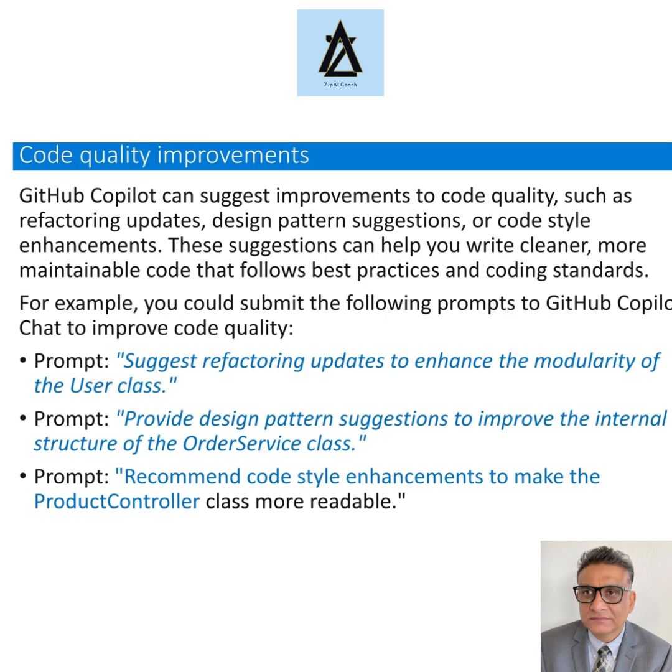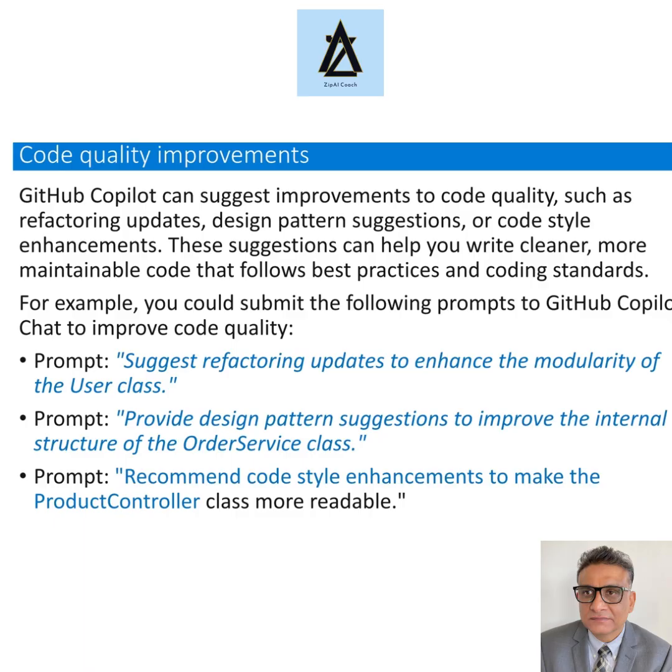So we have seen demos. Now let's look at the other aspects. GitHub Copilot can help to write not just the code which is functionally performing the task, but it is also good in terms of code quality.